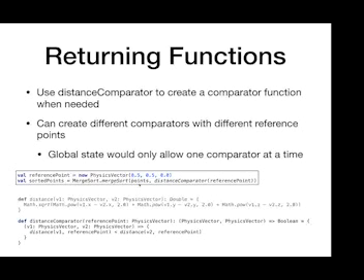Merge sort the points. Call the distance comparator method with the reference point that we want to sort the distance to. Call this method with that reference point, which returns our comparator function that we want to use. So this will resolve to the comparator function that we're going to use for sort.